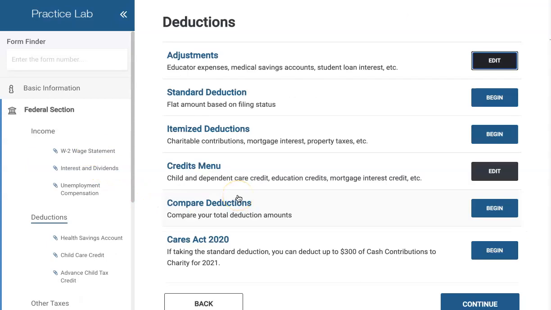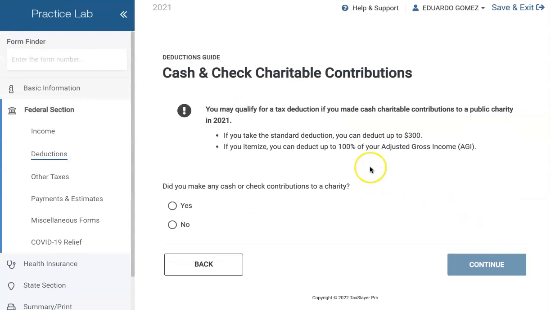I want to show you another way of getting to the charitable contribution amount other than going through deductions, itemized deductions. You can go down here to the CARES Act 2020, click Begin, and you end up in a list of charitable contribution options.